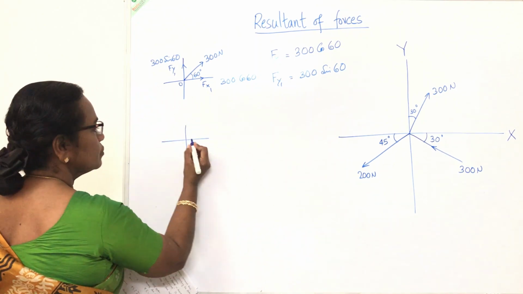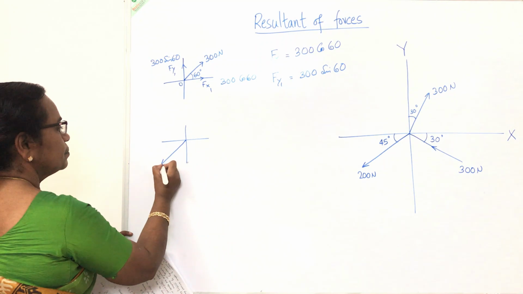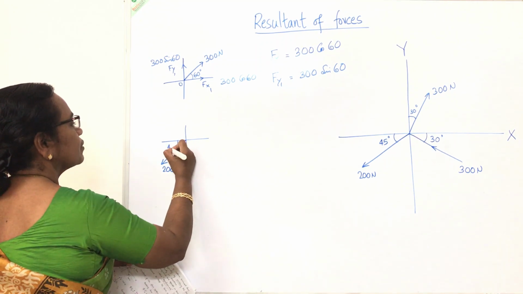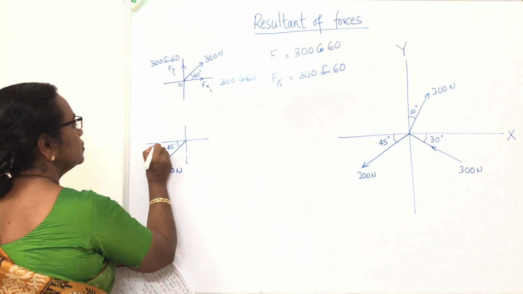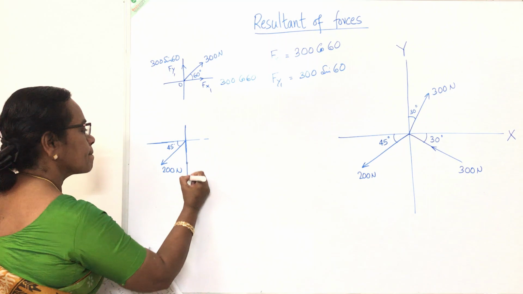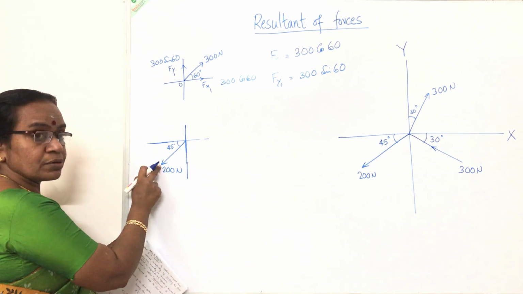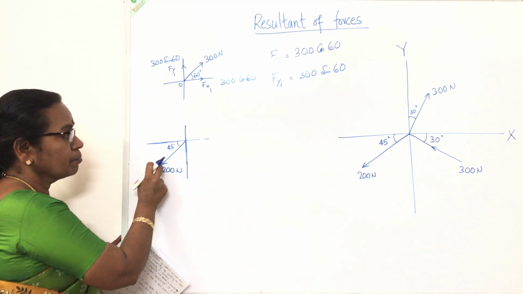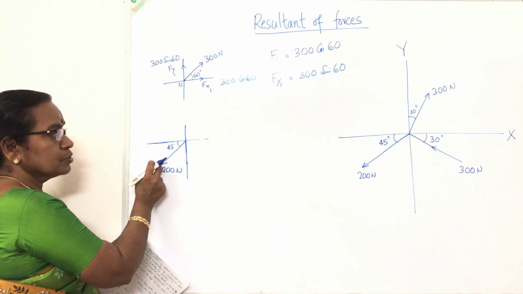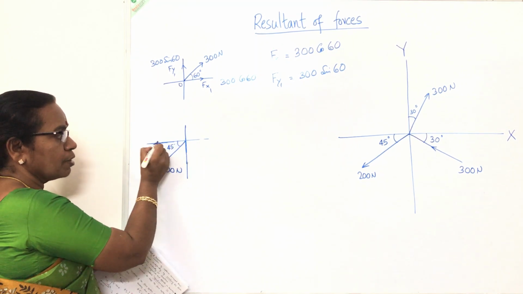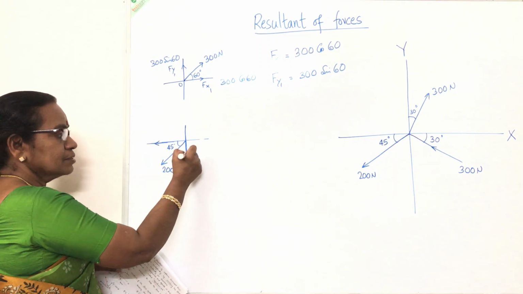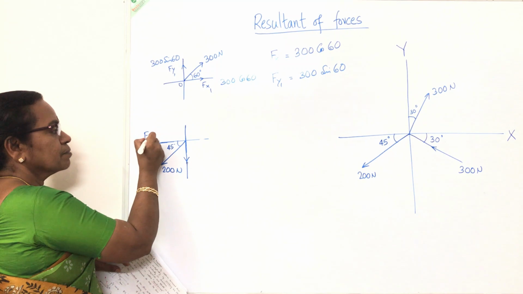The second force is 200 Newton, 45 degrees with x direction. So to resolve this, first of all, direction, it is outward from O. So the two components should also be outward from O. Outward, outward. This is Fx.